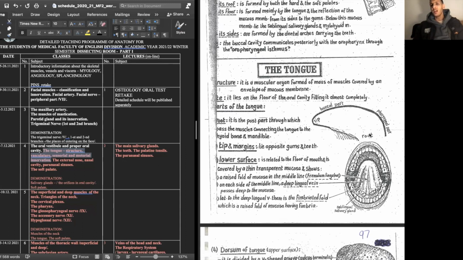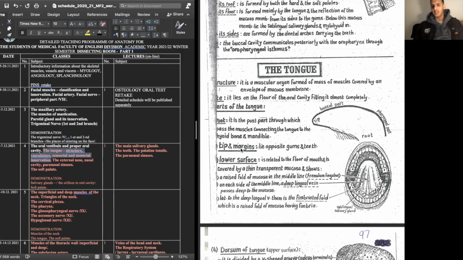It's made up of the tip, the root, the pharyngeal part, and the buccal part. It lies on the floor of the oral cavity, filling it almost completely. The root is the most posterior part, through which the muscles connect the tongue to the hyoid bone and the mandible.